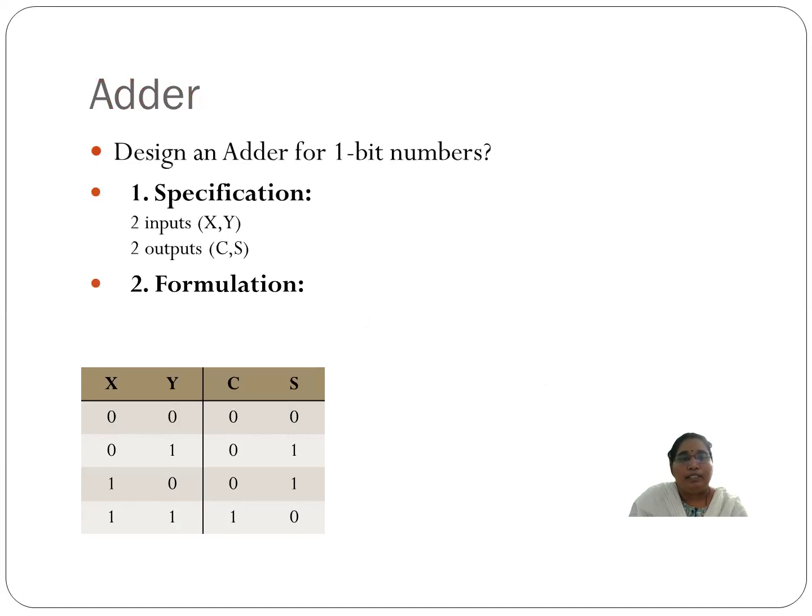If one of X and Y is 0 and the other is 1, if you see these two cases, the sum is 1, whereas there is no carry, because there is only one 1. In the last case, where X and Y are both 1s, the addition will result in 2, that is, the binary equivalent is 1, 0. That is, sum is 0 and there is a carry to the next position. So this is the truth table of the circuit of 1-bit addition.